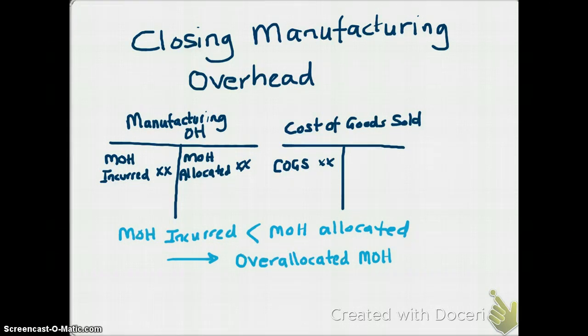In this case, our credit side is more than our debit side, and in order to close out our manufacturing overhead, we have to debit our manufacturing overhead for the amount of over allocated overhead and credit our cost of goods sold for the amount of over allocated overhead. This scenario results in our cost of goods sold being decreased by the amount of the over allocated overhead. Be sure to review all your journal entries and be ready to reproduce them when we go through them in class.